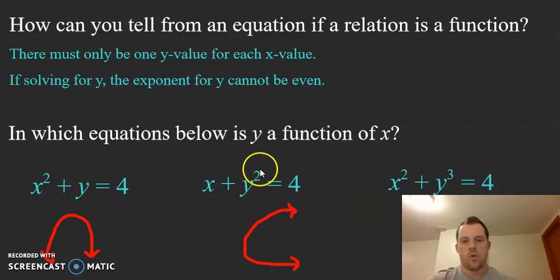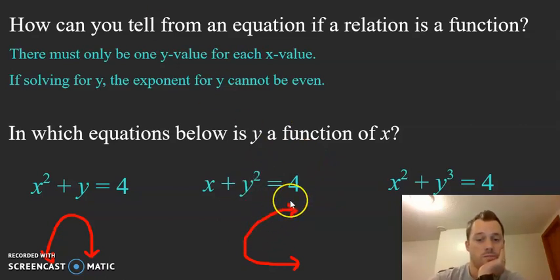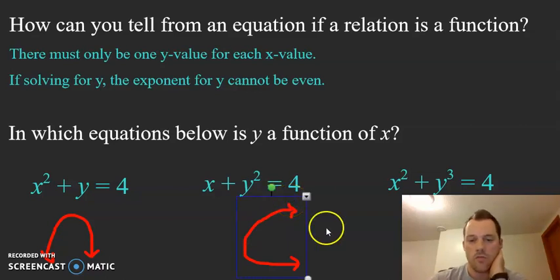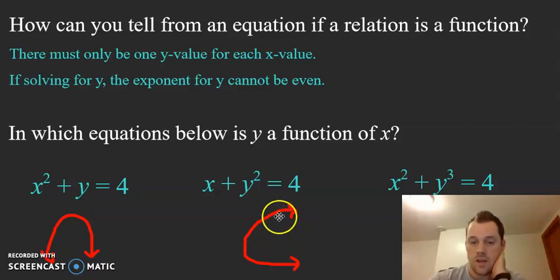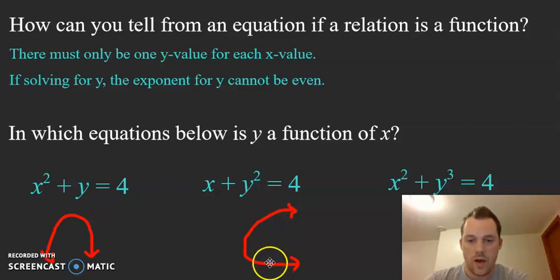So if we have y squared equals 16, well, y could be 4 or negative 4. So there's two y values that would correspond to a specific x value. 4 squared is 16 and negative 4 squared is 16. And that's how we get an example like this where the vertical line test doesn't pass, because we are going to cross it at two spots throughout the majority of our graph.